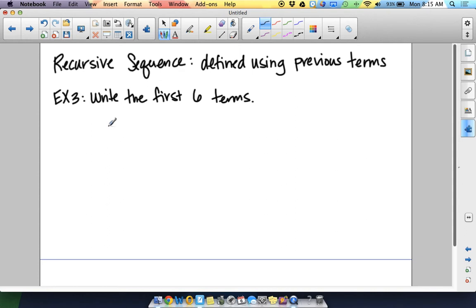So this one's going to look a little bit different. I'm not going to give you a list of numbers. I'm going to give you a list of rules. The first rule is that a sub 0 equals 1. Remember, I'm allowed to use a sub 0, or anybody is, for convenience. It just makes it start differently. The first term, a sub 1, is equal to 1.